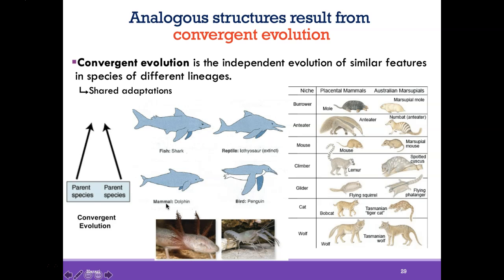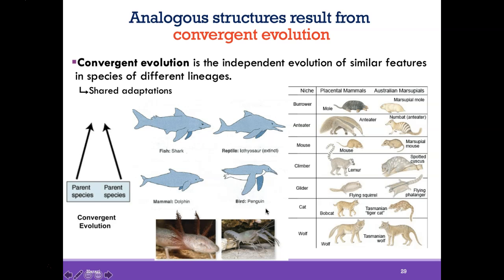Reptiles and birds and mammals and fish are all very different. Yet they all illustrate that there was a selective force that favored the development of this body shape. So much so that dolphins and sharks kind of look related, but they're not. It just so happened that the marine environment favored the development of these structures in fish and in mammals separately, and that made these two converge and look more similar.